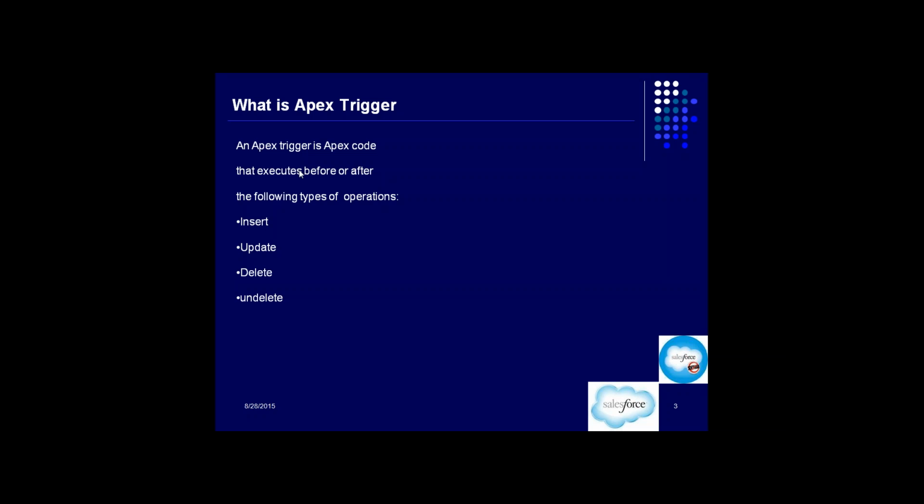So you have the option of defining whether you want to execute the code before the DML operation or after the DML operation. Right? So let's say you want to write code that checks whether all the values in the record which is being created are correct or not.